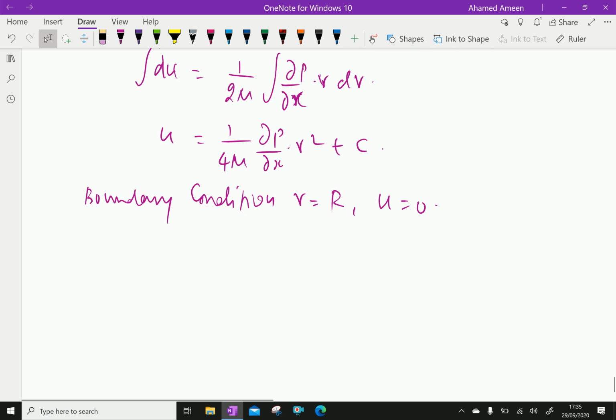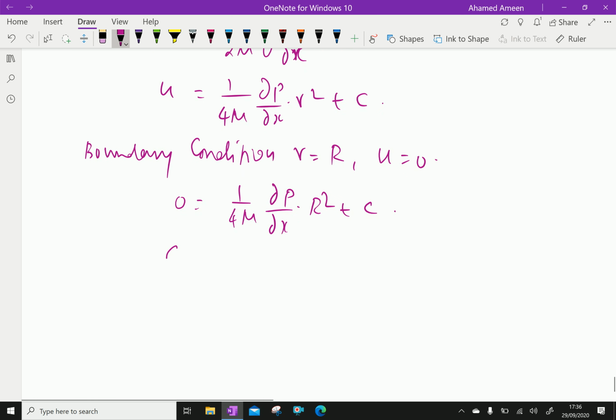Substituting above, 0 equals 1 by 4 mu dou p by dou x into R squared plus c.